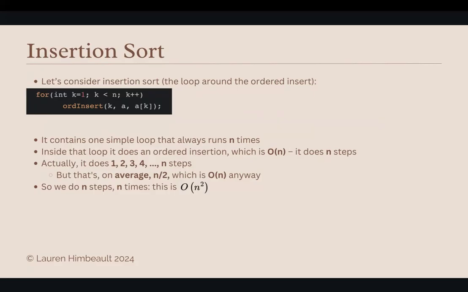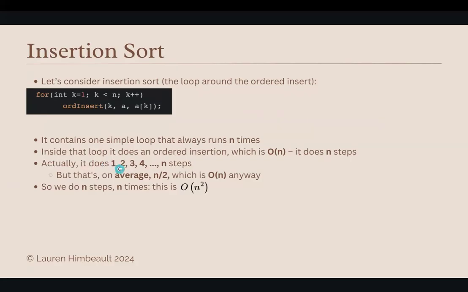We don't have to sort the first element. We assume the first element is sorted. So technically, it'll always run n minus 1 times if we want to be really pedantic about it. And then inside that loop, for each of those elements, it will do an ordered insert, and we know that the ordered insert is going to be big O of n because we just said that.